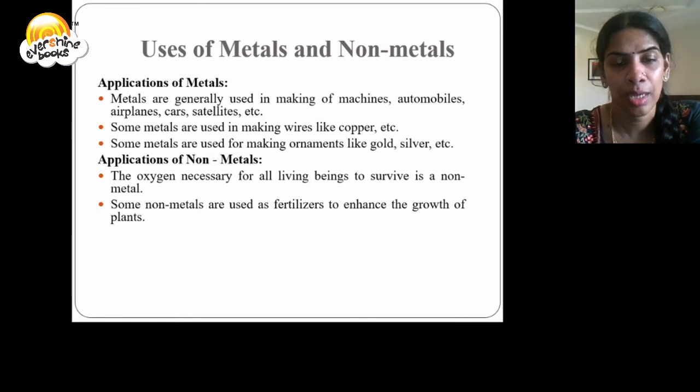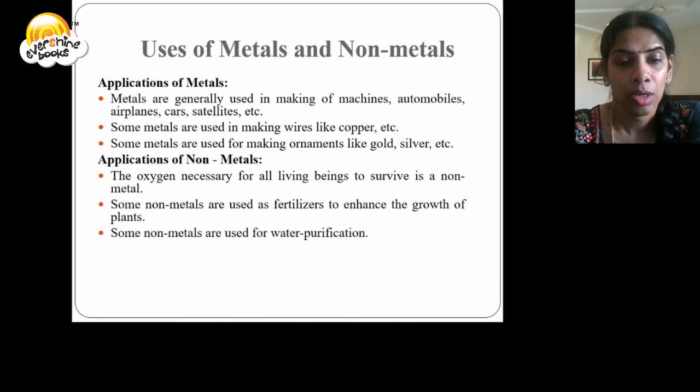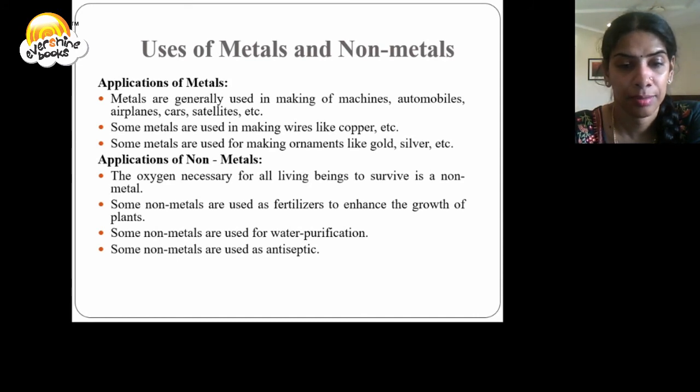Some non-metals like sulfur and phosphorus are used as fertilizers which enhance the growth of plants. Chlorine is a non-metal which is used for purification of water. Some non-metals are used as antiseptics. Non-metals such as phosphorus are used in crackers.